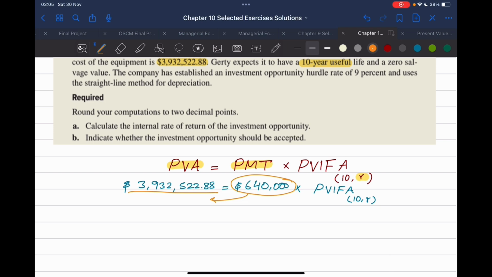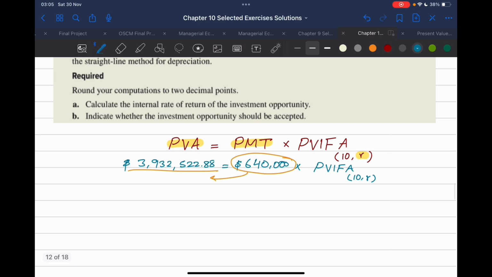So I'm going to rewrite my formula as follows: $3,932,522.88 divided by $640,000 should equal my present value interest factor of annuity for 10 years with the rate of return unknown.